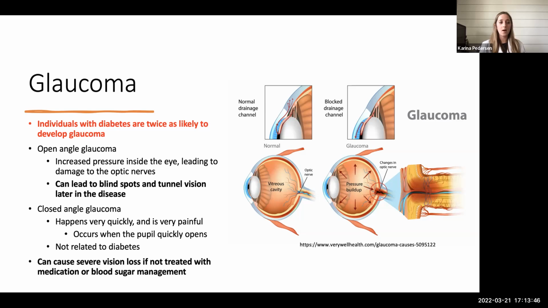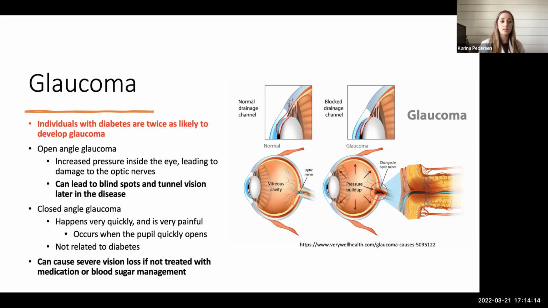Open angle glaucoma is not to be confused with closed angle glaucoma. Closed angle glaucoma happens very quickly and is a very painful condition. It most often occurs when the pupil quickly opens. So if someone goes from a super bright light to a super dim light, it can happen that way, but there's not really a particular reason why it happens, and it is not related to diabetes.